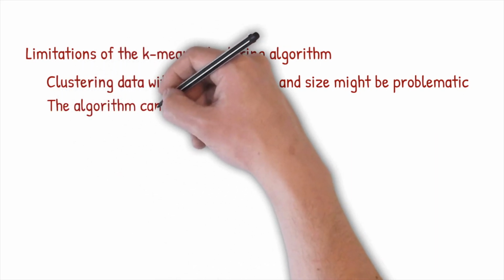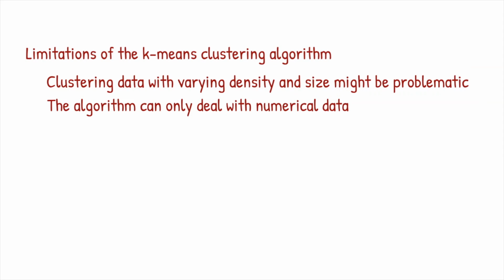K-means clustering algorithm can only deal with numerical data. As we have seen in this video, K-means clustering algorithm computes centroids, for which only numerical data is appropriate. Categorical data or string data will need to be converted to numerical tabular data to be used by the K-means clustering algorithm.